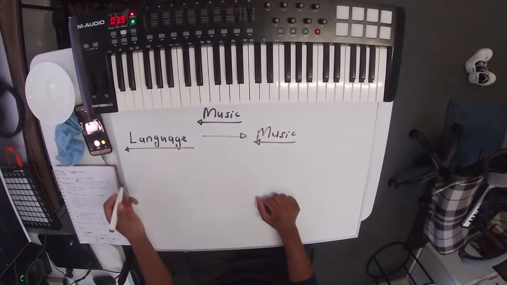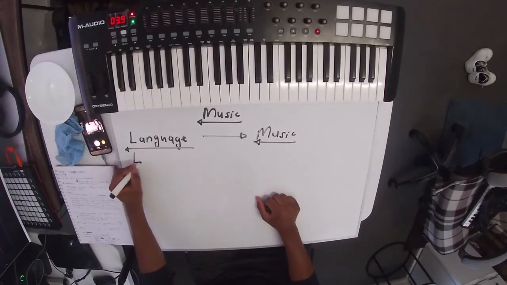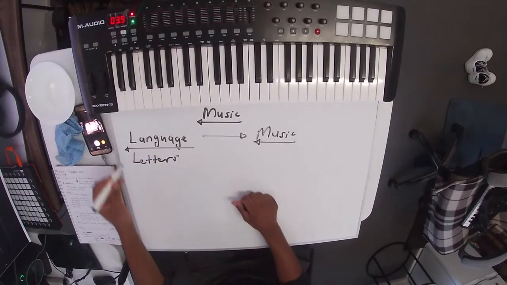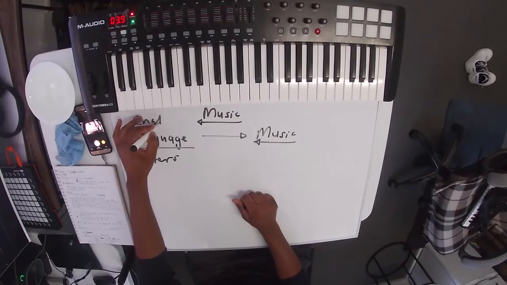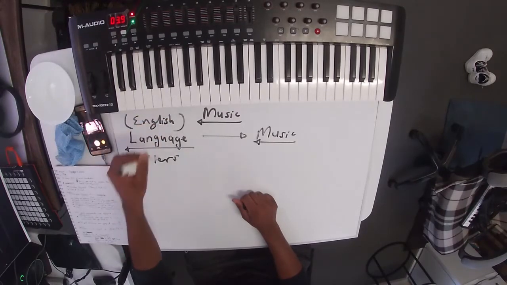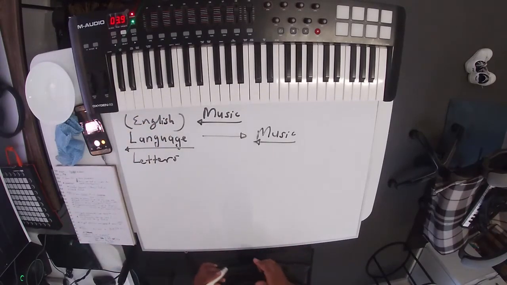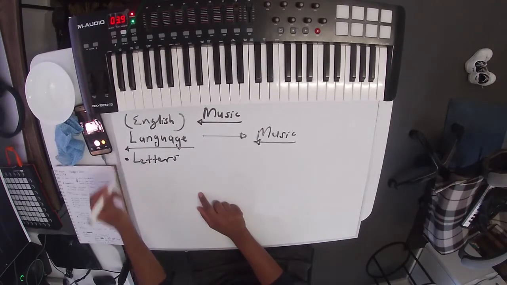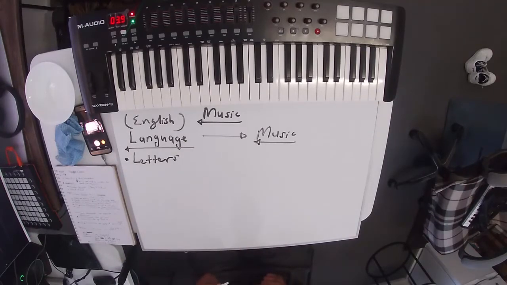In a language, you've got letters. For instance, I'll use English as an example. I'm not going to talk about other languages because it will get complicated, but we'll stick with English. Letters are the basic building block of that language. So in English, we've got the alphabet. You can't start talking about words without having those letters in place.